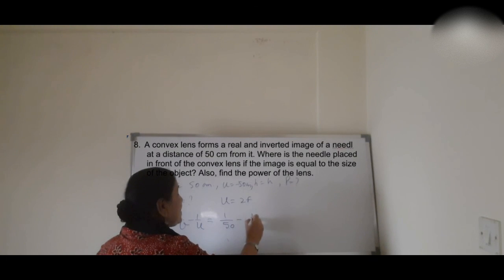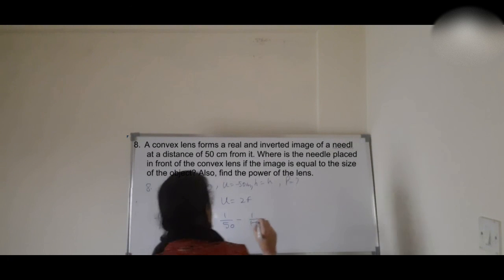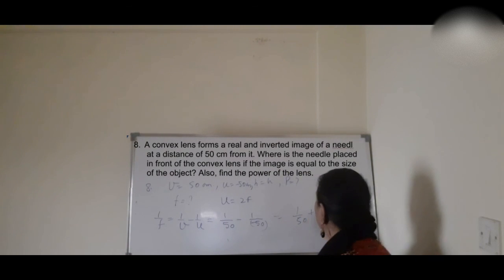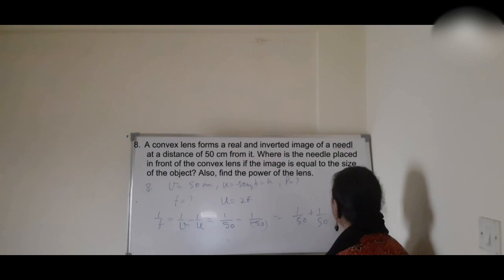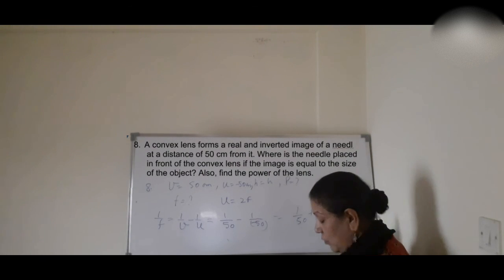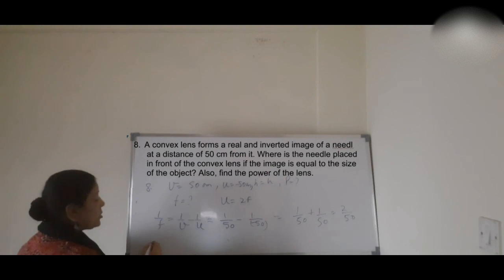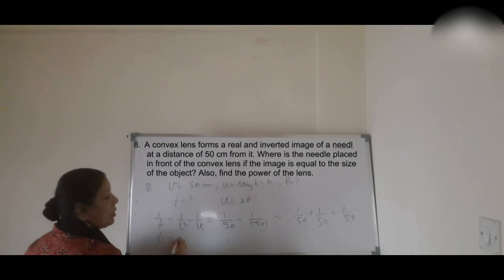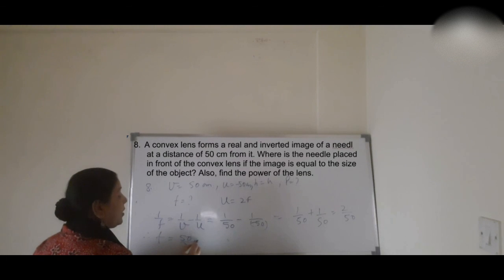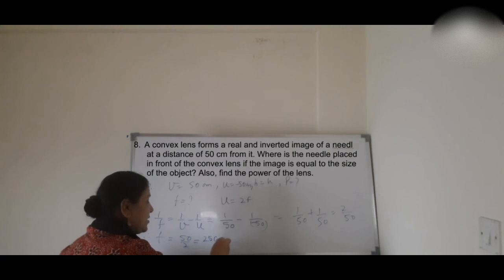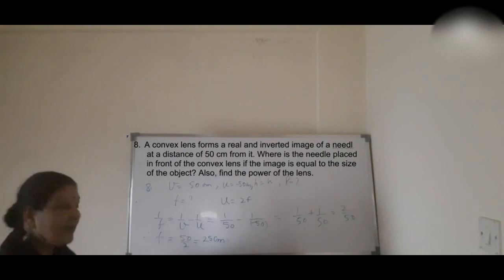So minus 50 because u is always negative. So we have here 1 upon 50 plus 1 upon 50 is equal to 2 upon 50. So 1 upon f is equal to 2 upon 50. So f is equal to 50 by 2, that is 25 centimeter.